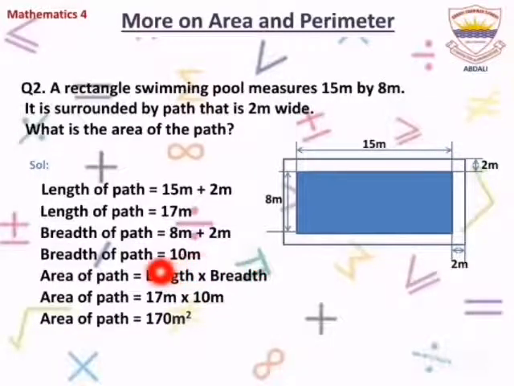When we multiply 17 meters with 10 meters, we get the area of the path, 170 meter square.